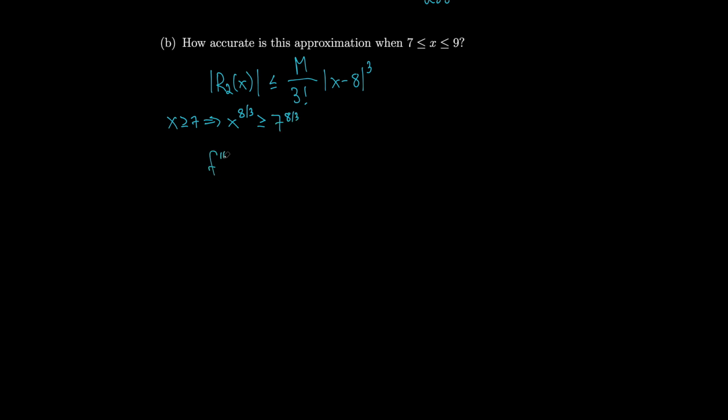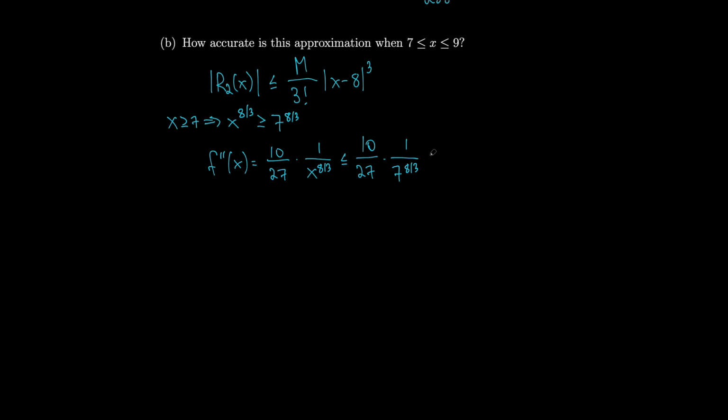So our second derivative, which is 10/27 times 1/x to the 8/3, will be less than or equal to 10/27 times 1/7 to the 8/3. Notice that I went with the x being greater than or equal to 7 part of the inequality when trying to choose M, because I knew that I would have to divide by it, and when we divide, that'll flip the inequality, so that'll give me the less than that I want.